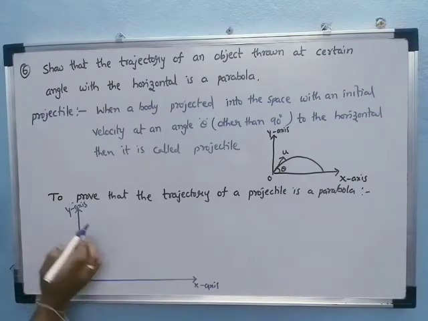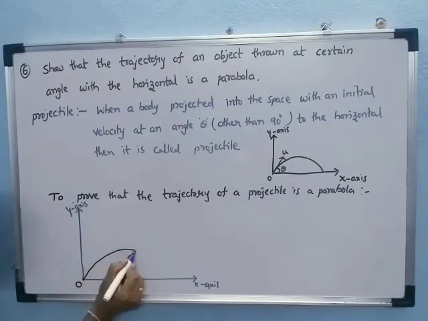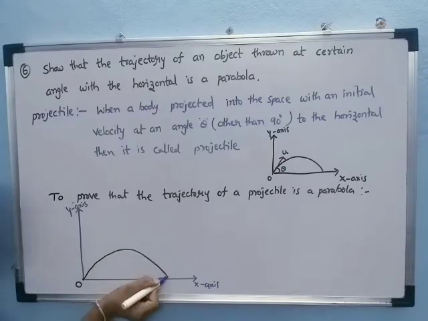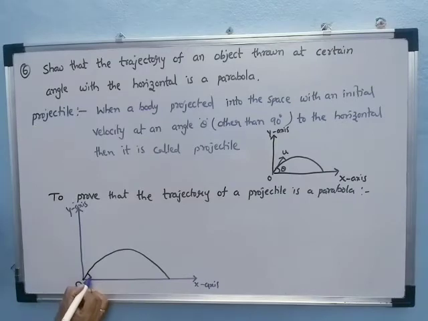Now this object is thrown with initial velocity u. It reaches the maximum height and returns back to reach the ground at another position, making an angle theta with the horizontal. So this has the initial velocity u.